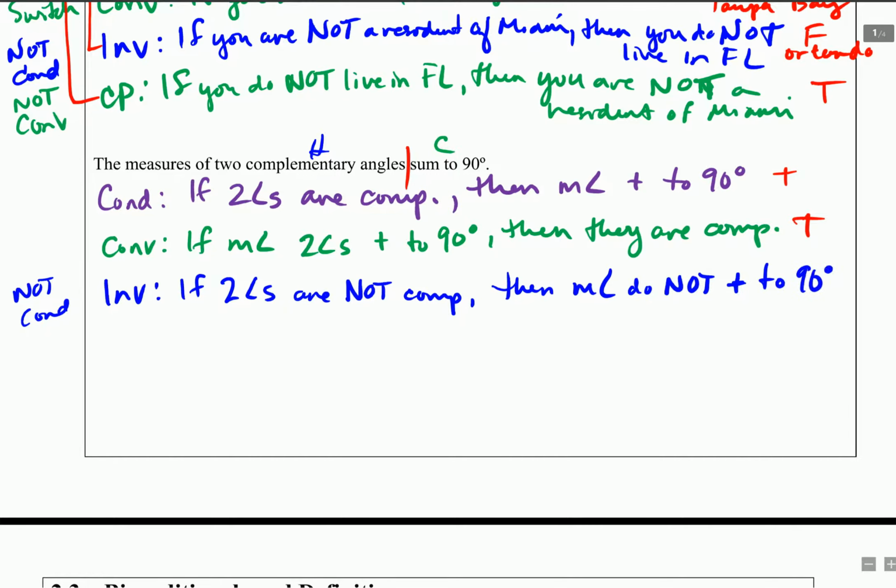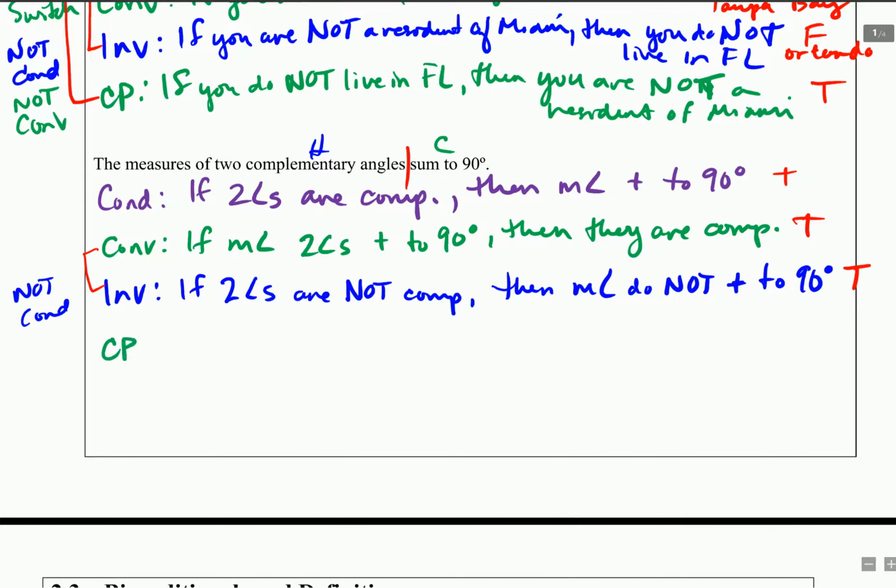Is that true? If you're not complementary, then when we add the measures, nope, they're not going to be 90 degrees. So that is true. No surprise there because our converse and our inverse are equivalent statements. Our converse was true, so we expected our inverse to be true.